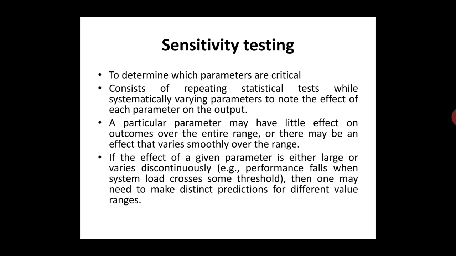That's why, if the effect of a given parameter, in this case performance, is either large or varies, it is going to degrade, then one may need to make distinct predictions for different value ranges. Sensitivity testing is nothing but checking the critical parameter. They have mentioned one example, the performance parameter: if the system load crosses some threshold, of course the performance will be low.